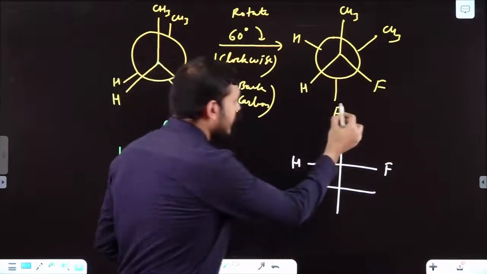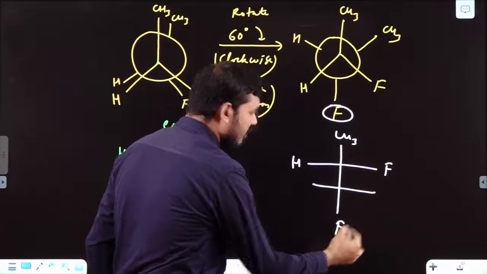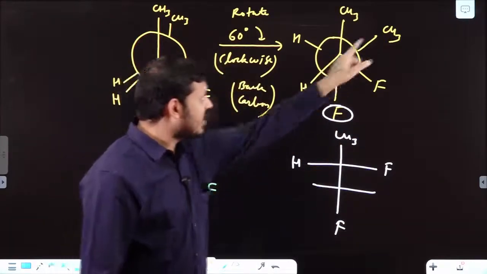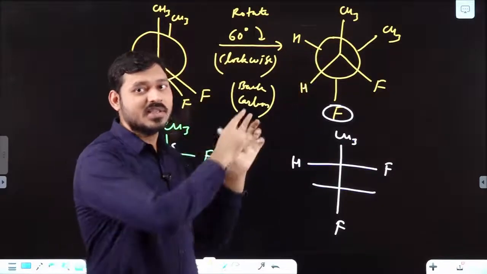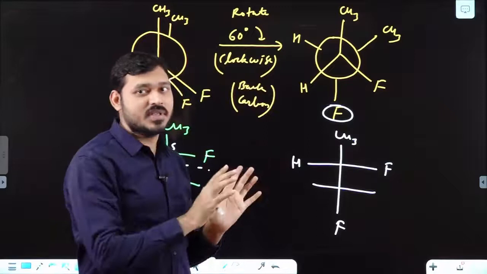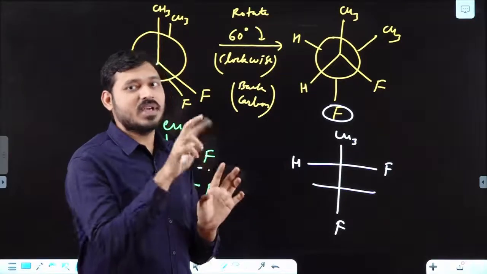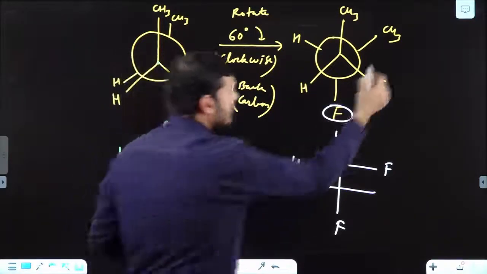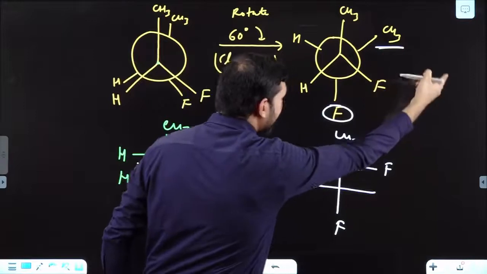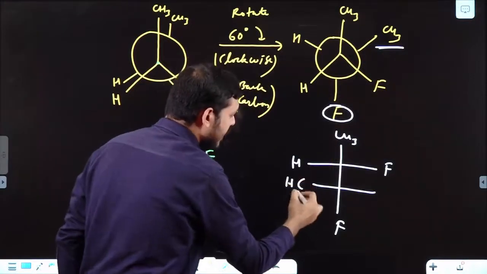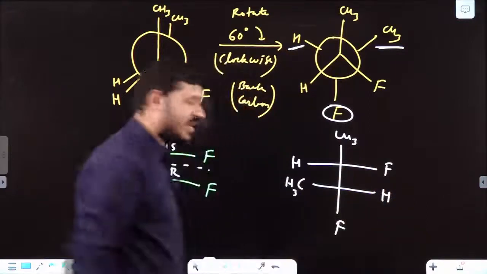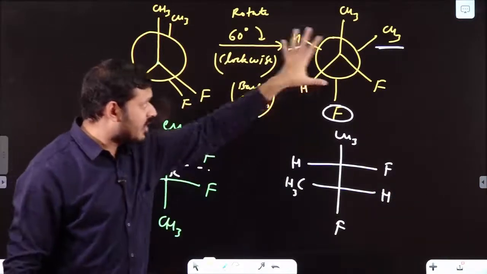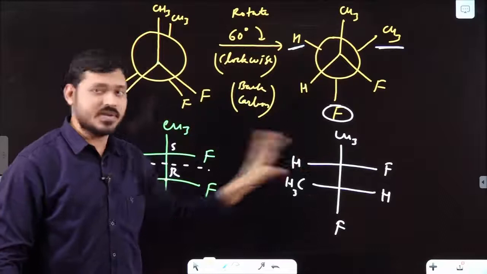Now, the two remaining parts, as you are drawing staggered form into Fischer, which is not possible, you have to interchange them. This part which is on the right side will be placed on the left side, and this part which is on the left side will be placed on the right side. So now for this conformer, this is the Fischer.